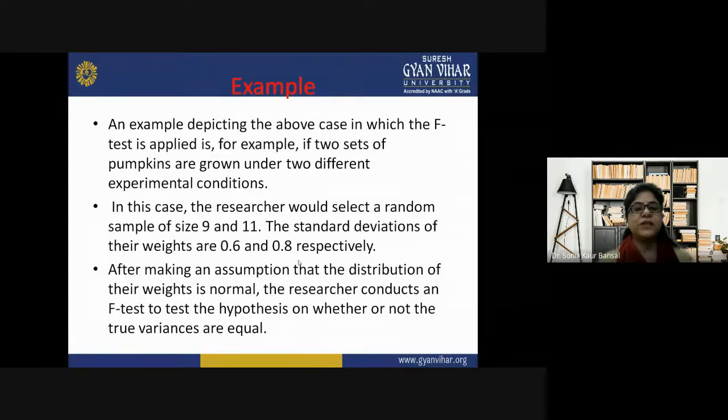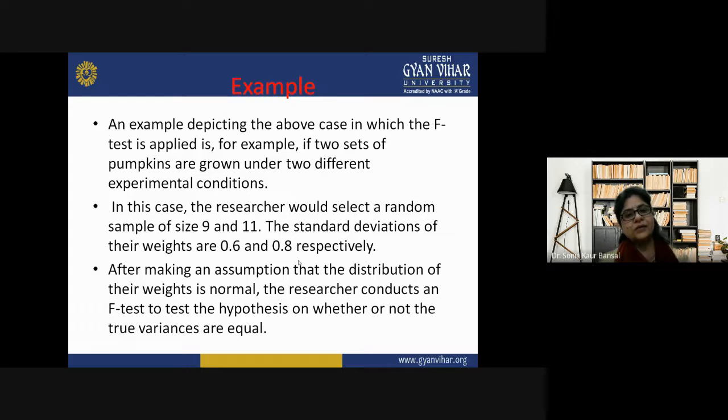So have this example once again, depicting the case in which the F-test is applied. The two sets of pumpkins are grown under two different experimental conditions, maybe geographical conditions or environmental conditions.